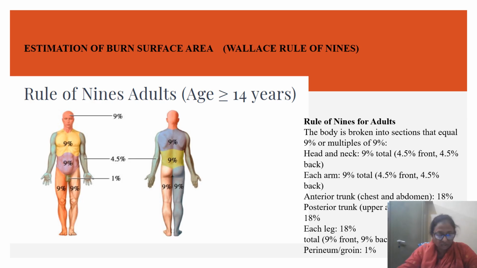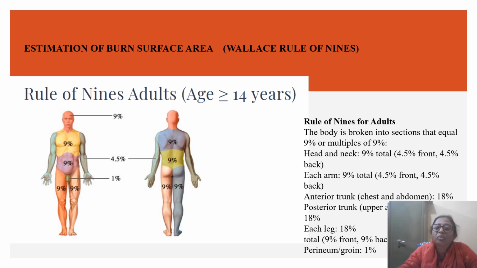The rule of 9 was introduced by A.F. Wallace. As per the rule of 9, the whole body is divided into 5 surface areas, mainly head, trunk, arms, legs, and perineum and percentage. So here you can see the head and neck 9%, total 4.5% in front and 4.5% in back.